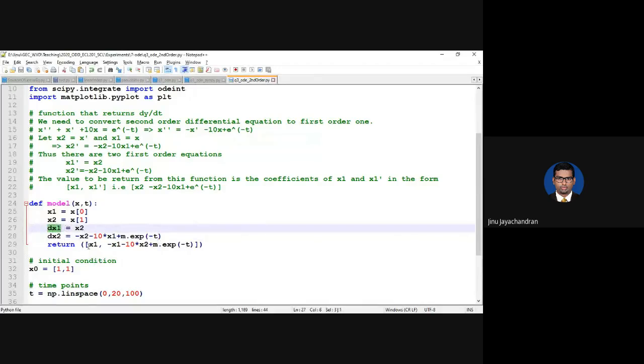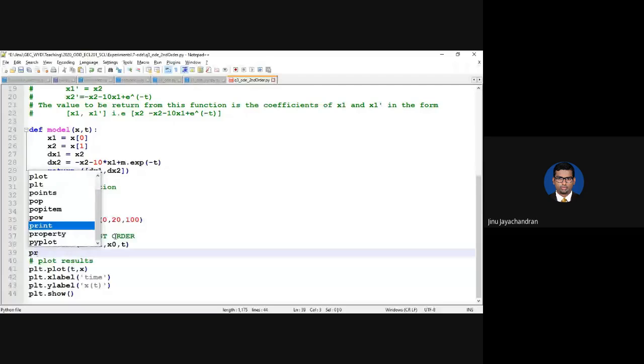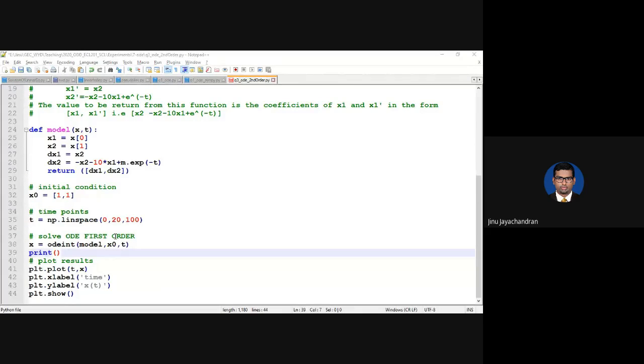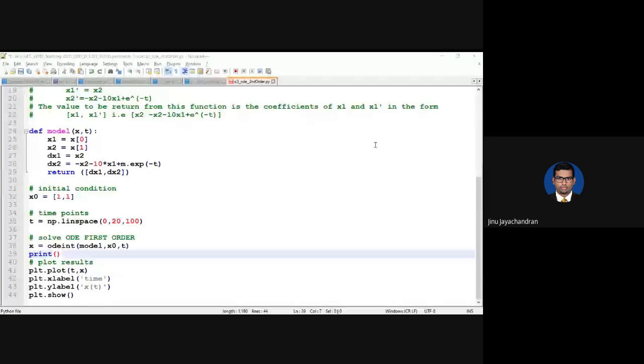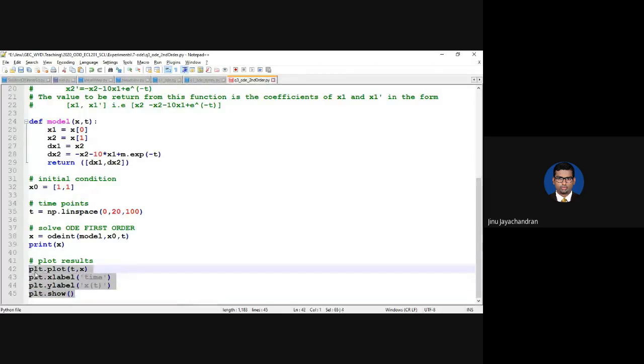Okay, so this is dx1 and this is dx2, and you see that it will return x. If you print this x, we comment out the plotting part because anyway you can plot it.